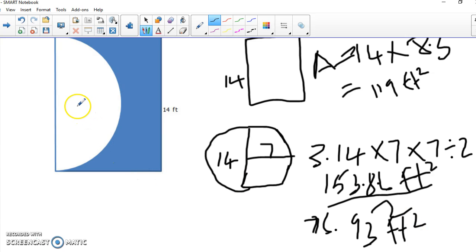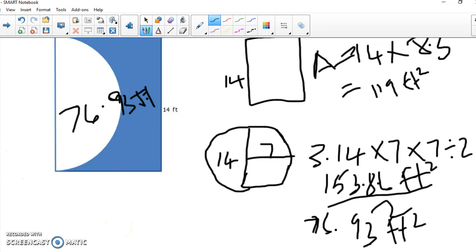So this unshaded region would be 76.93 feet squared, while the entire shape, which is the rectangle, would be 119.